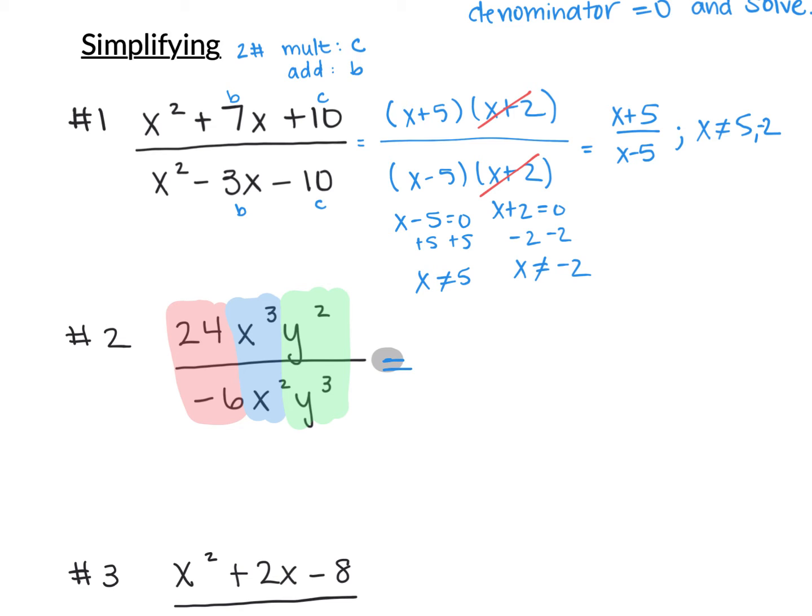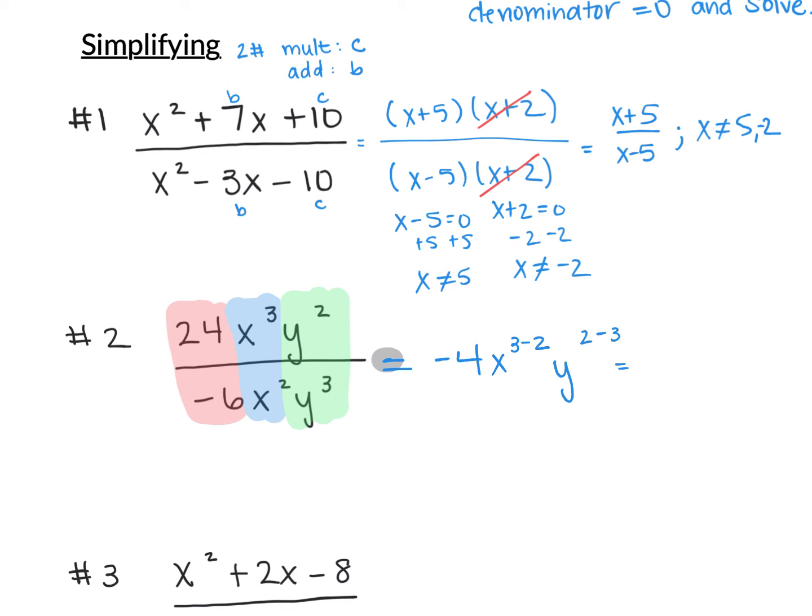So all of this equals 24 divided by negative 6 is negative 4. Now we have x to the power of 3 minus 2. Notice we're just subtracting those exponents. Y to the power of 2 minus 3.